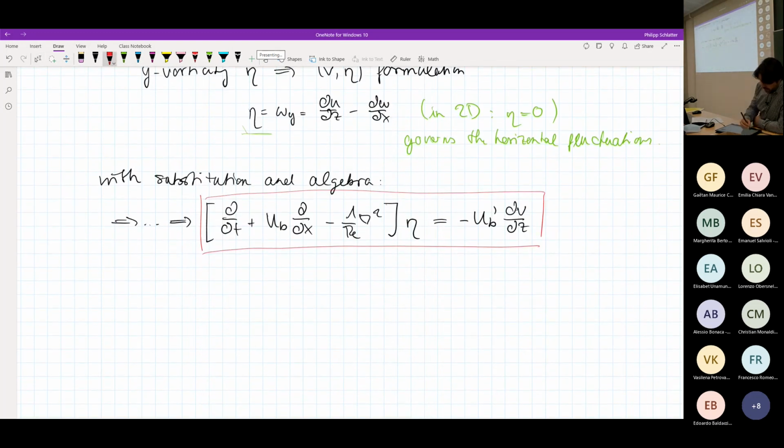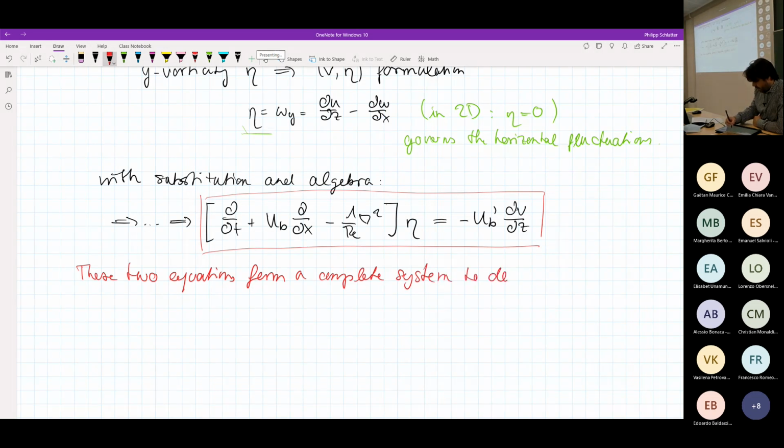So these two equations form a complete system to describe the evolution of linear disturbances in a viscous shear flow.